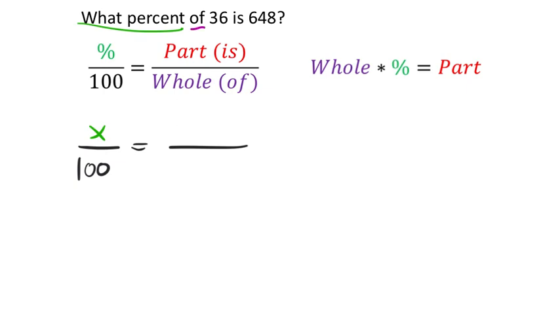Next up, I see the word of, which is an important word because the of tells me the whole. The 36 was on the bottom. Yep, so we're gonna put the 36 on the bottom, right here. And then it says is, again, which is one of the 2 important words other than percent, I guess, is 648. So we get 648 on the top.